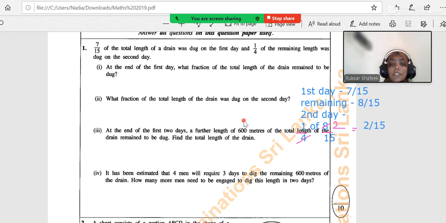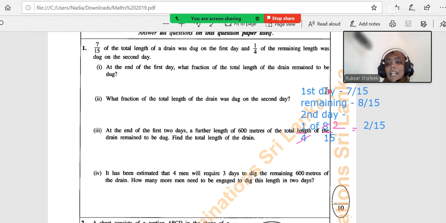And then moving to the third point, at the end of the first 2 days, a further length of 600 meters of the total length of the drain remained to be dug. Find the total length of the drain. Now to understand this question, after the first day and second day they had completed, there was a remaining of 600 meters. So altogether the drain's length would be 7 over 15 work, 2 over 15 work, and then 600 meters to get the entire thing.